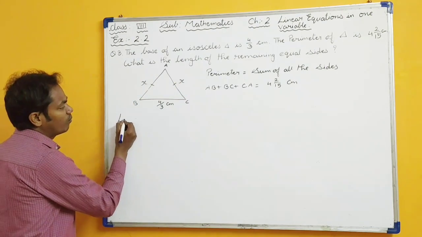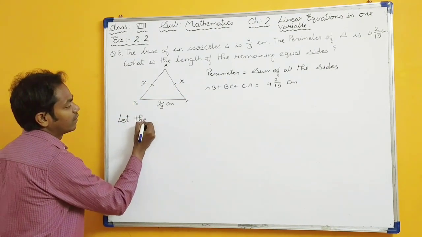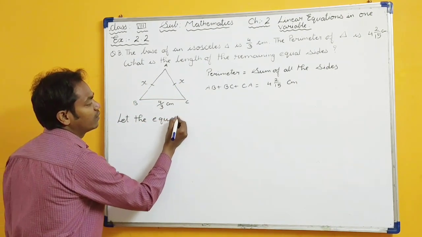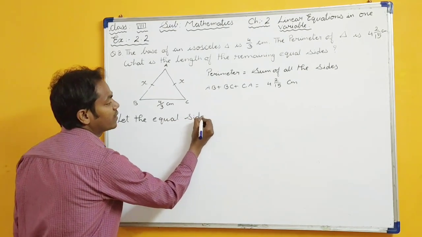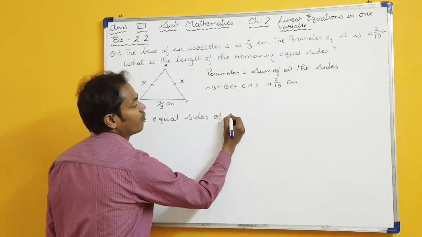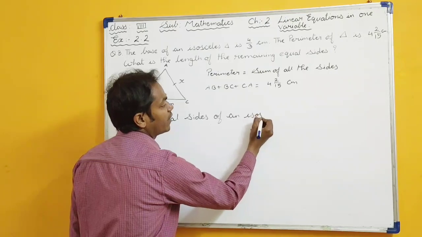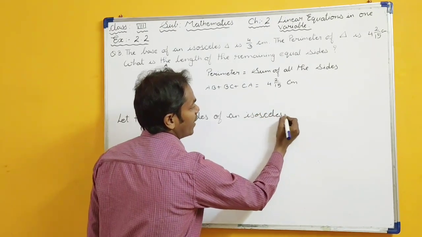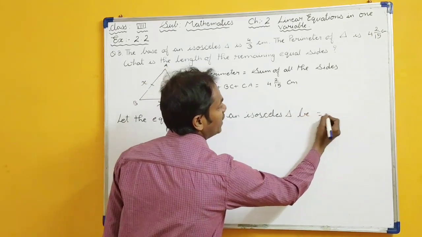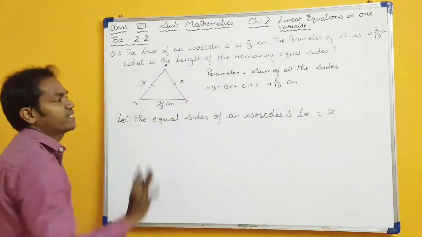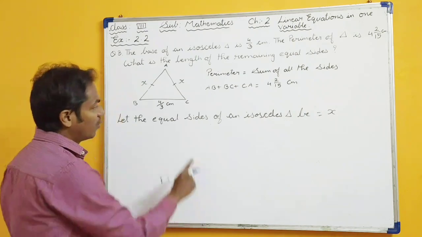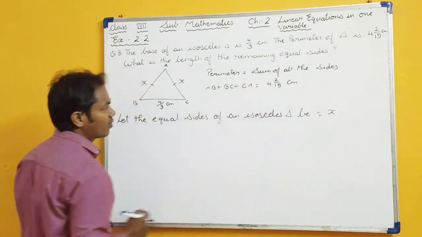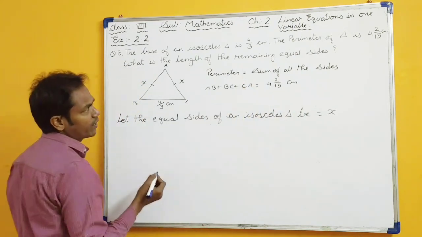So I will assume let the equal sides of an isosceles triangle be x. Equal sides I have assumed x, and perimeter is given in your question. So what will be your equation?